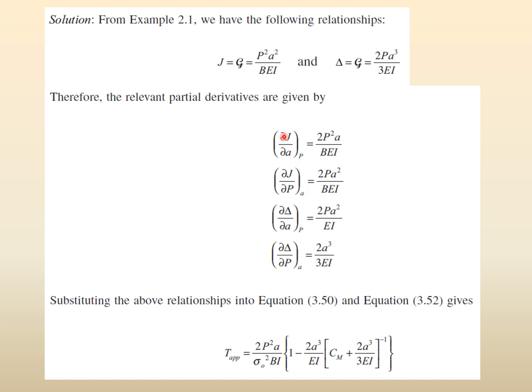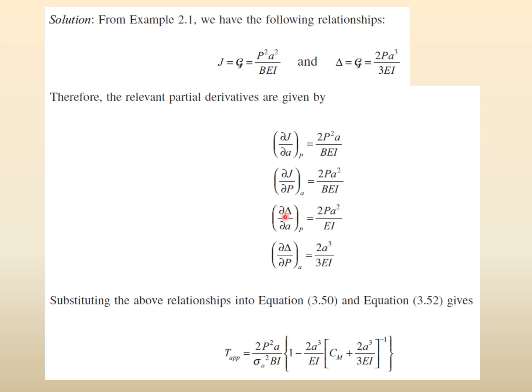This is for load control, P, but you are doing del J del a, so differentiate with respect to a, so a squared becomes 2a. You are doing del J del P, so differentiate with respect to P, so this becomes 2P.